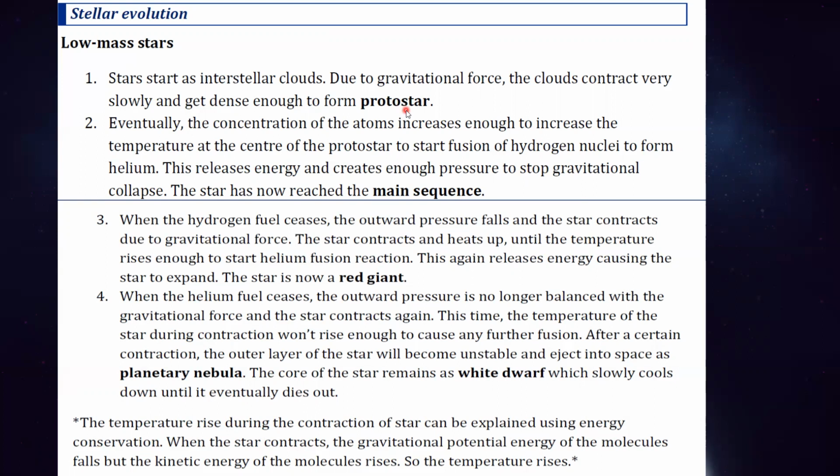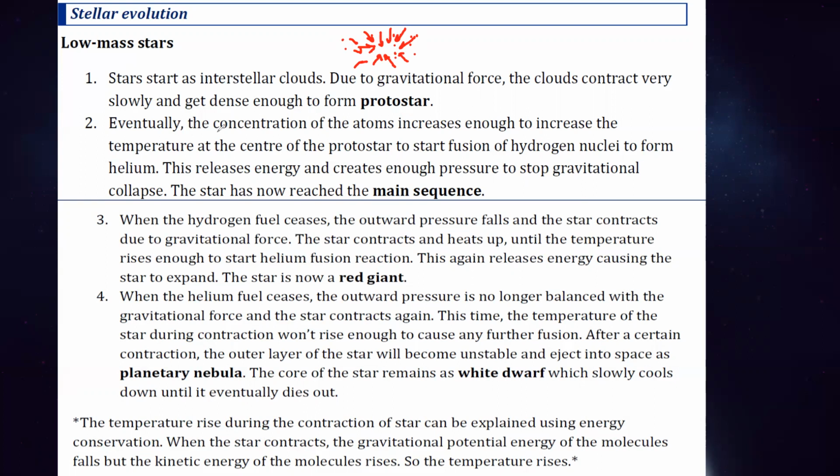In the first stage, because of gravity, the clouds slowly come closer to each other. As a result, they form a protostar.